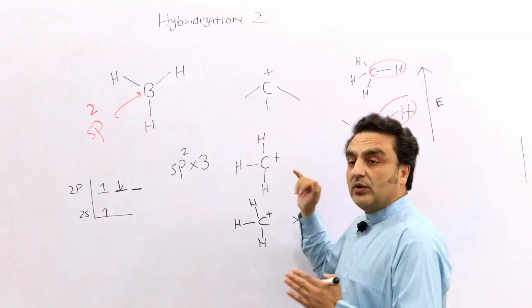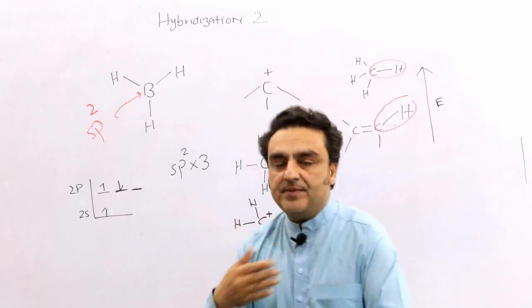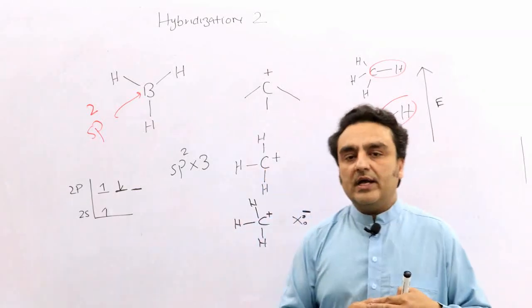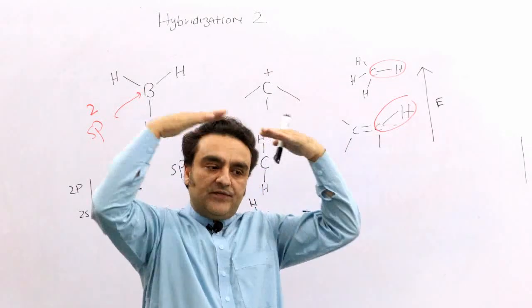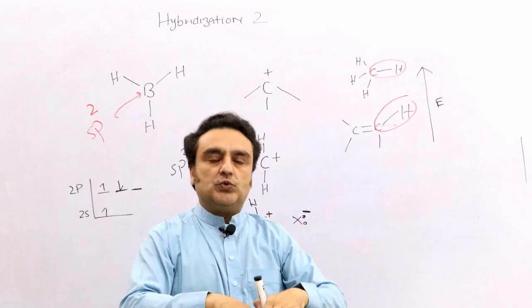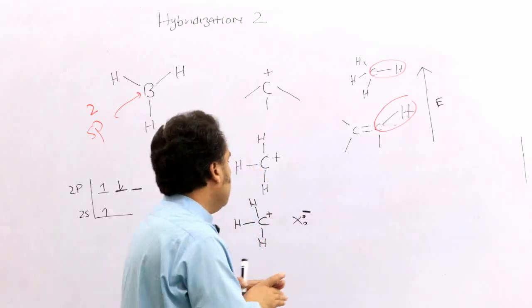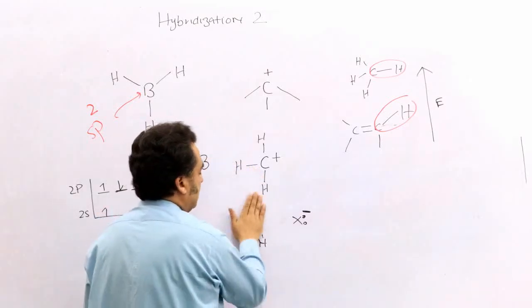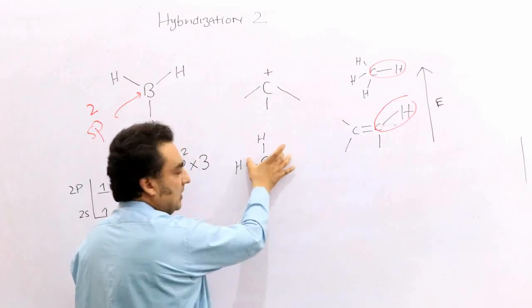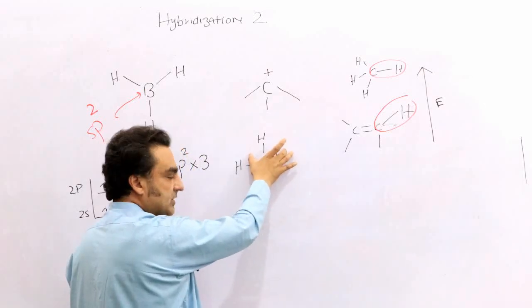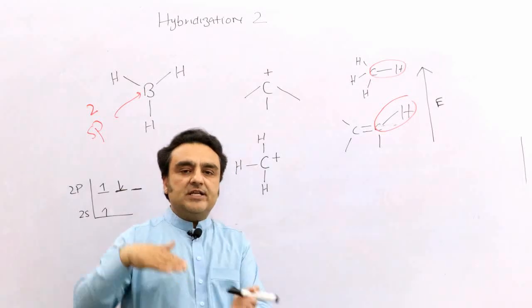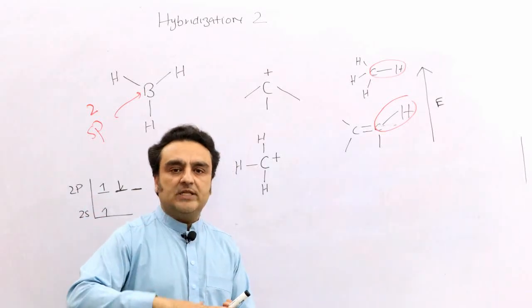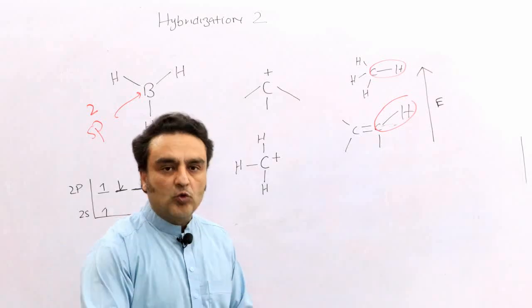This carbon atom will rehybridize itself from sp3 to sp2. When it becomes sp2, the energy of the molecule will decrease. What does the decrease in energy of a molecule mean? The molecule will become a little bit more stable.